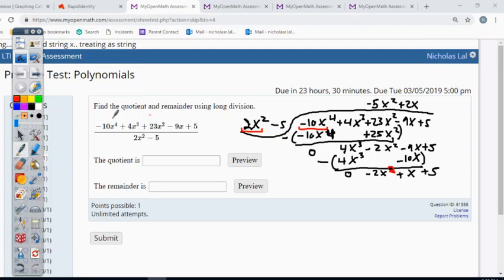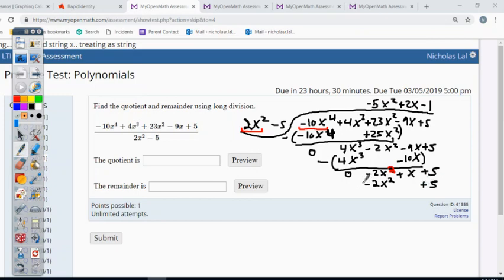So now I have negative 2x squared. I need a term that multiplies by 2x squared to get negative 2x squared, so I can cancel out. That term is going to be negative 1. Negative 1 times 2x squared is negative 2x squared. Negative 1 times negative 5 is positive 5.